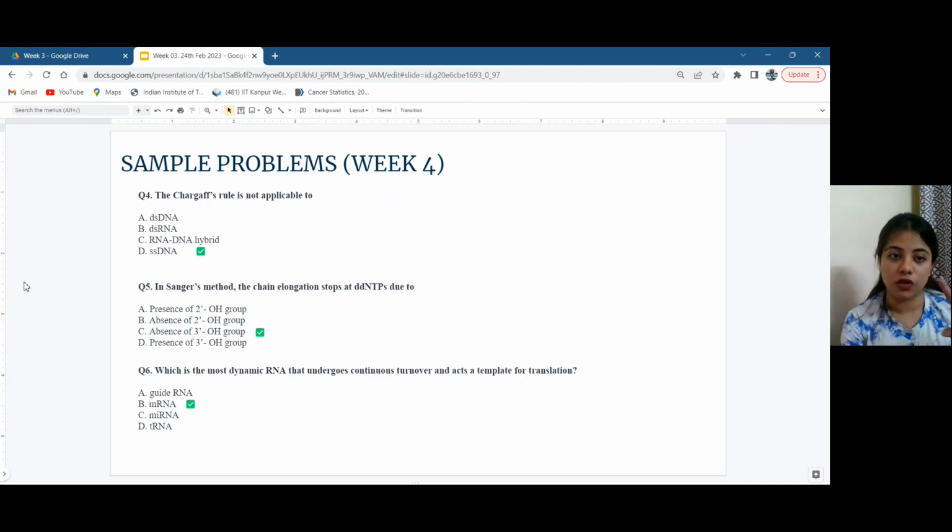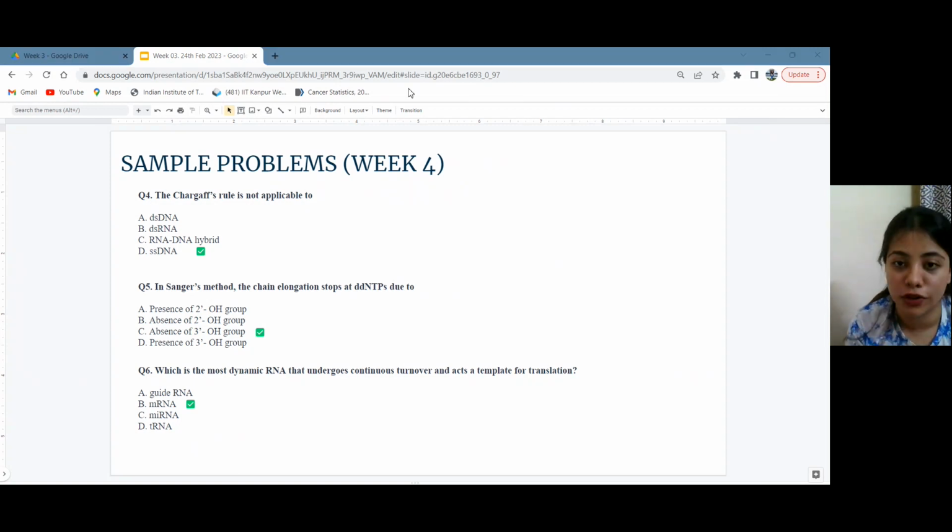Because Chargaff's rule is talking about two bases which are able to form bonds with each other, a single polynucleotide strand will not follow this rule, because it needs a complementary base to follow it. Therefore ssDNA is the answer. It's not actually following Chargaff's rule. Apologies for the mistake.